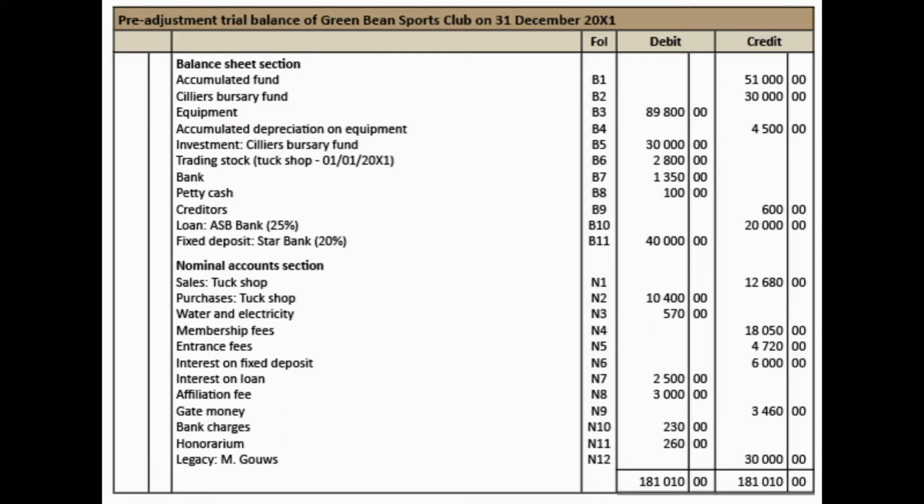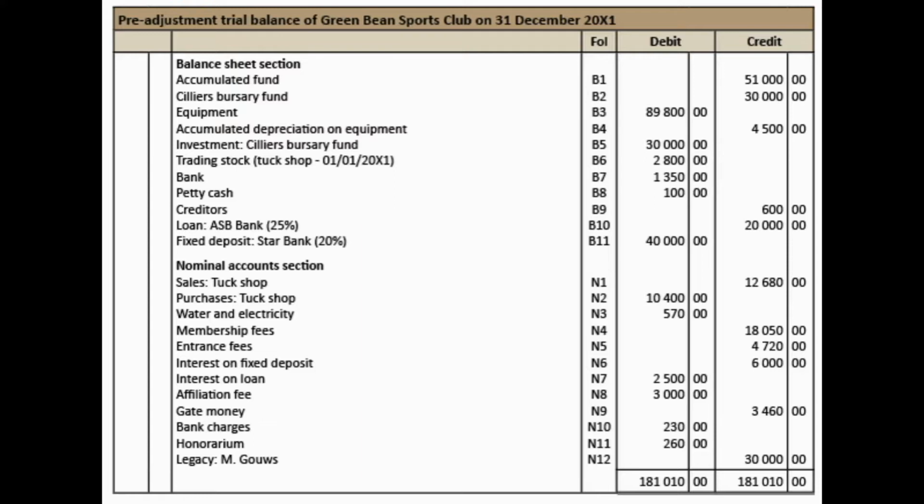Okay. And then, you know what? Let's do that membership fees account while we're busy with the membership fees account. While we're at it, let's quickly see what is the amount that's going to be transferred to the income and expenditure account. In other words, the amount that we will write in the statement of income and expenditure. If you add up the debit side, if you add up the credit side, and you deduct the smaller side from the bigger one, you will get an amount of 18,370.